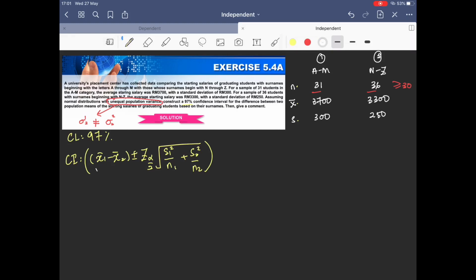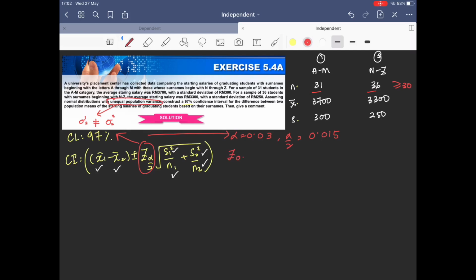Do we have the x bar 1? Yes. X bar 2? Yes. S1? Yes. N1? Yes. S2? Yes. N2? Yes. So we don't have this one, z alpha over 2. Where can we find it? From this confidence level. So confidence level 97%. Your alpha is 0.03. So alpha over 2 is 0.015.